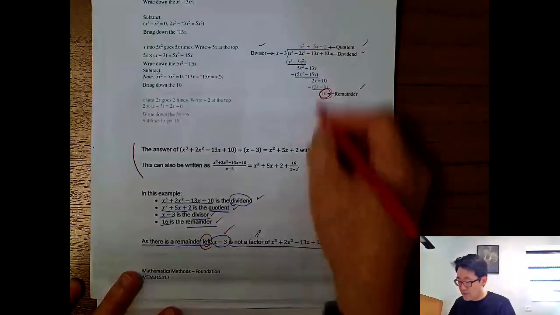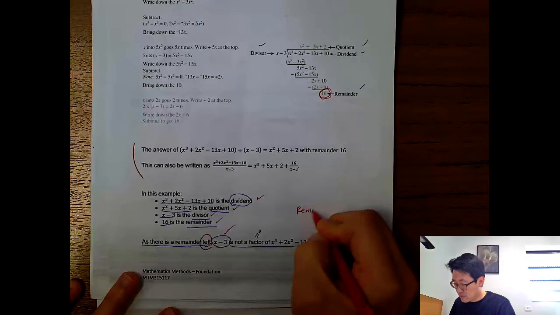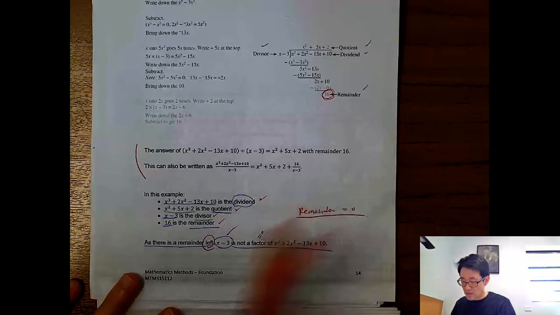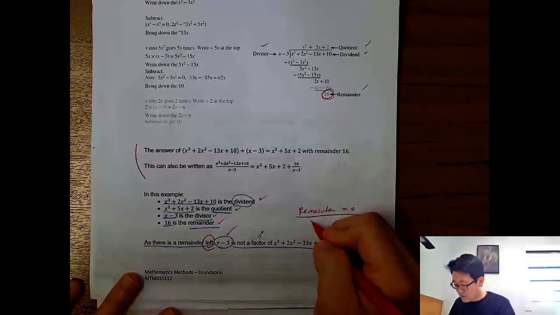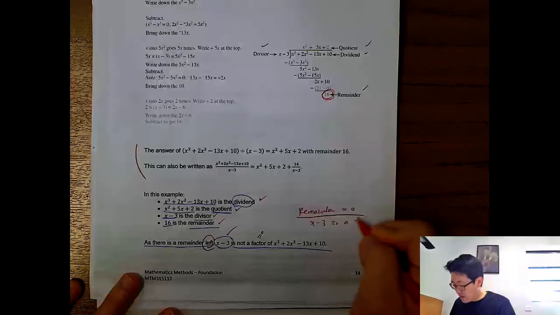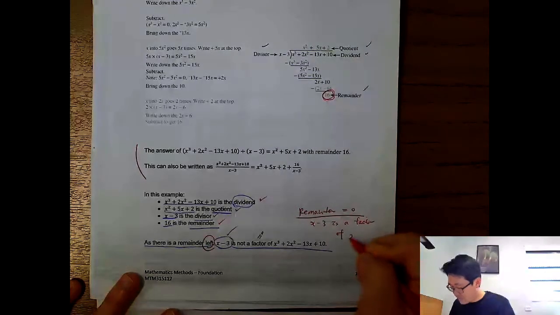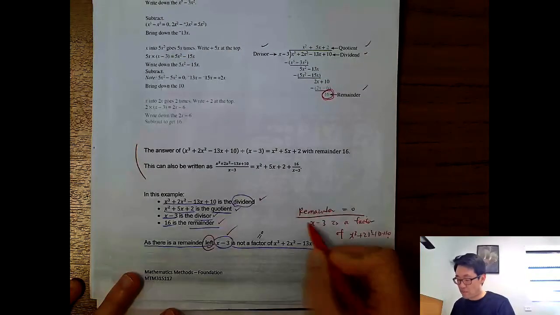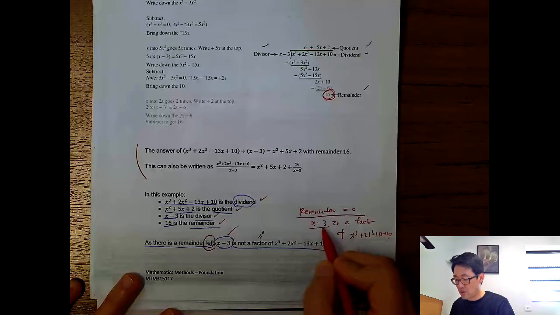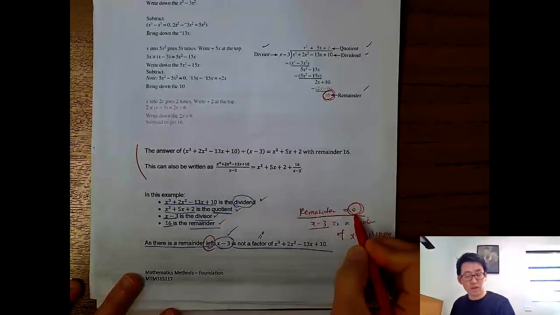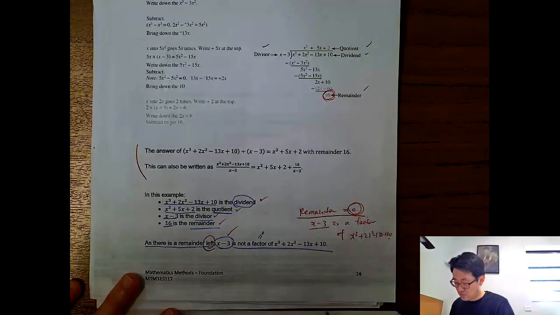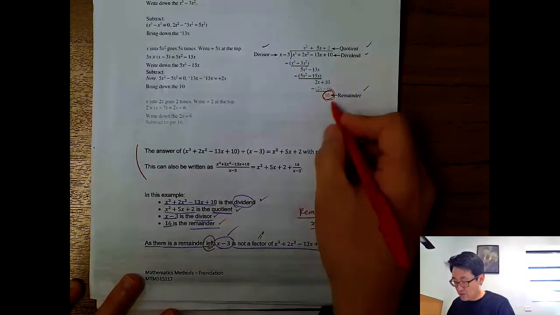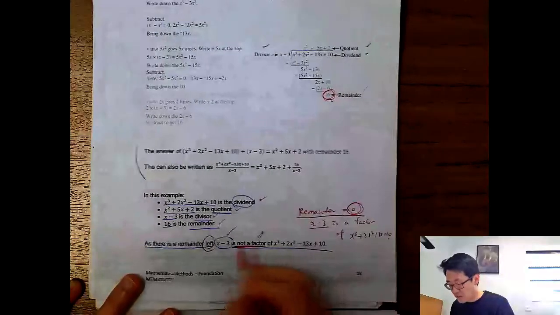So if the remainder equals 0, which means x minus 3 is a factor of the function. When I divide by this, we got 0, remainder is 0. Then we call this one factor. However, the remainder is not 0, it's 16. So this is not a factor.